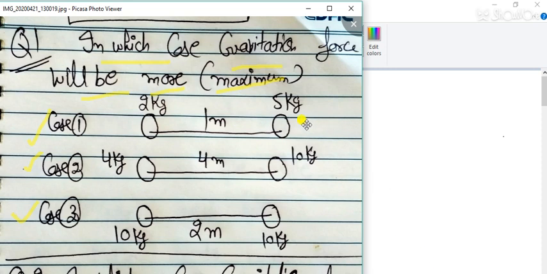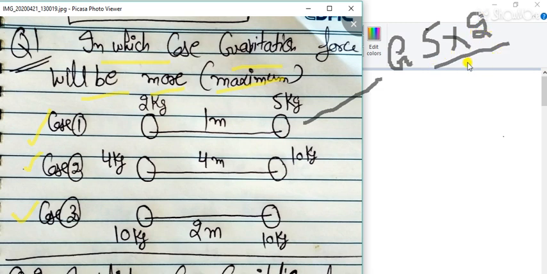I am discussing case number 1 with this color. Here gravitational force is equal to G into 5 into 2, because one body has mass 5 kg and another has 2 kg, and the distance between them is 1 square.